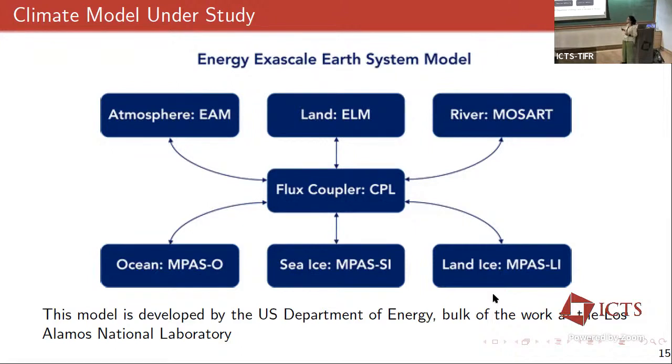This also has 6 components: an atmosphere, land, river, ocean, sea ice, land ice, all connected together through this flux coupler. I worked on the ocean part alone. Some history: this model was developed by the US Department of Energy, and the bulk of the work was done at Los Alamos National Laboratory.